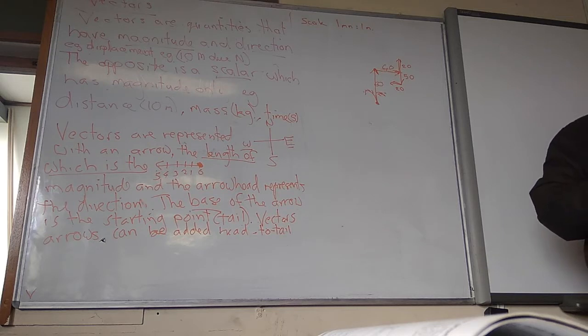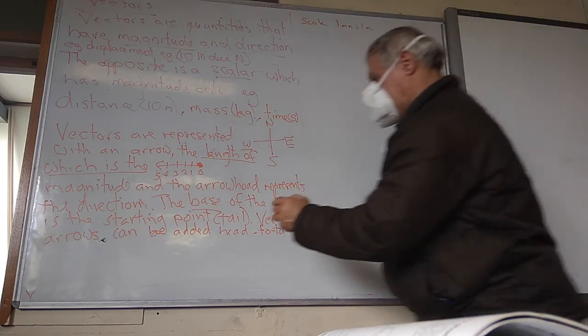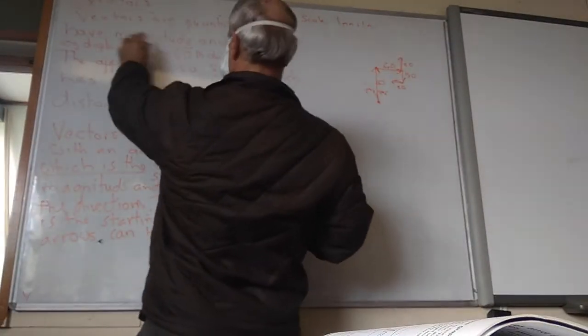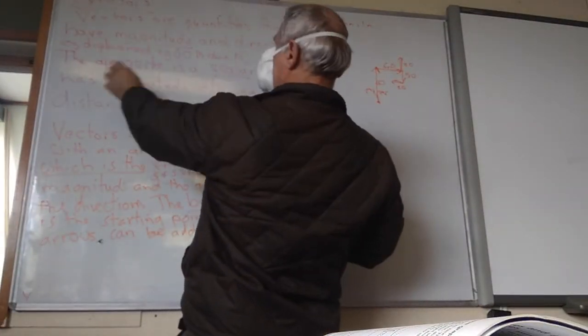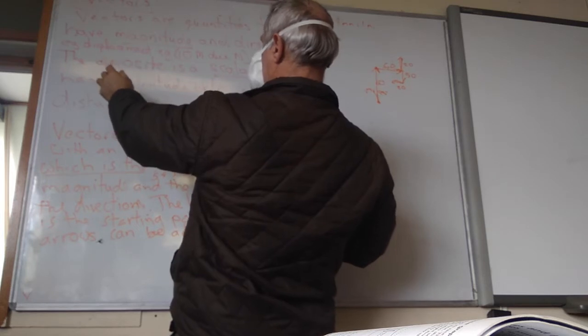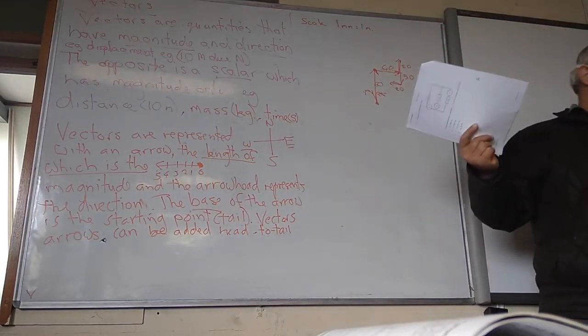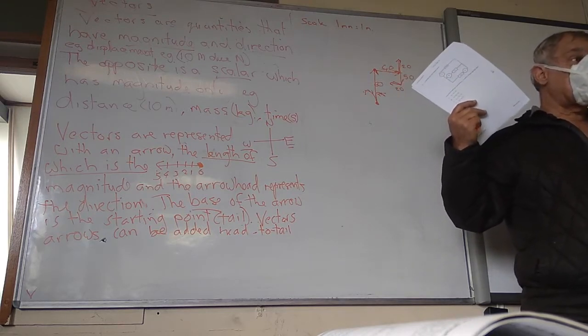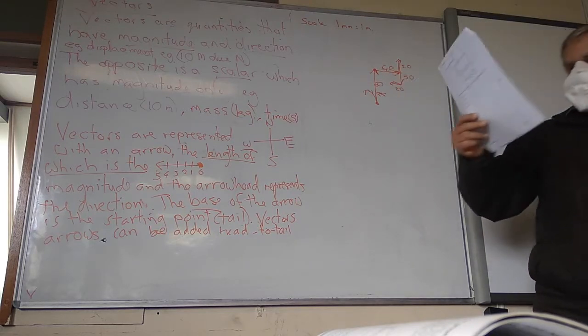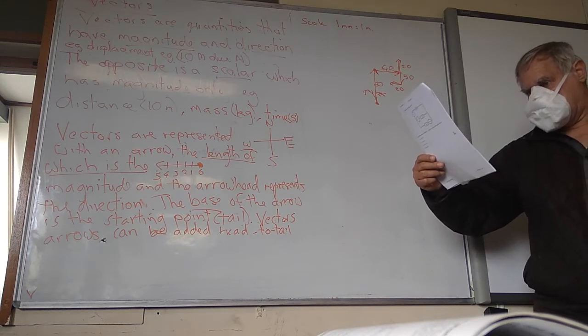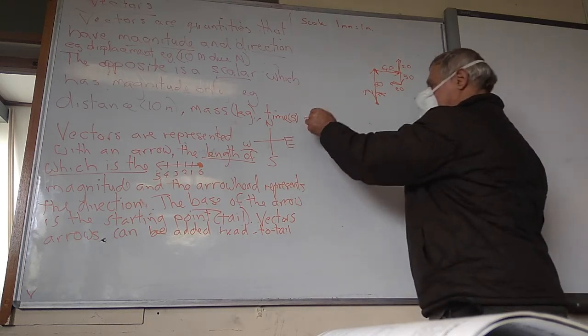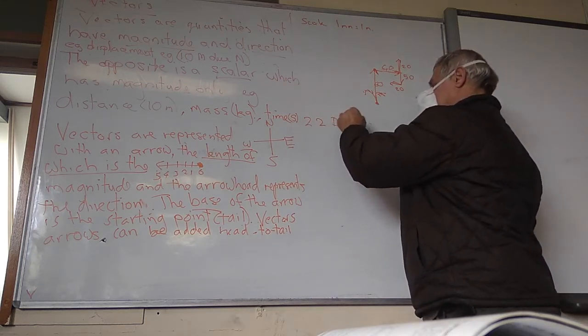Now is distance a vector or scalar? Didn't we say distance is a magnitude only, and displacement is a vector? So distance is a scalar. So 2.2: what distance did he travel? Distance is a scalar.